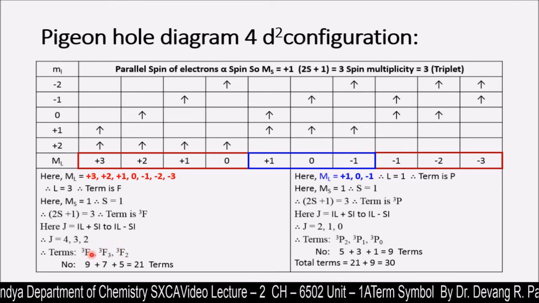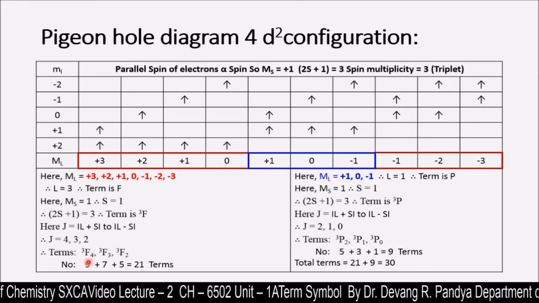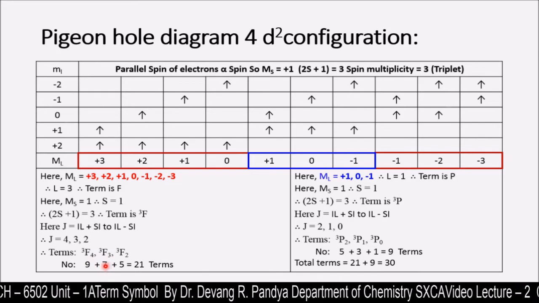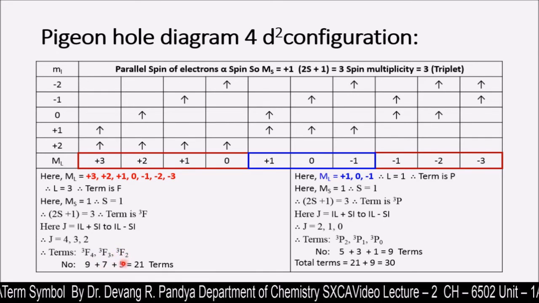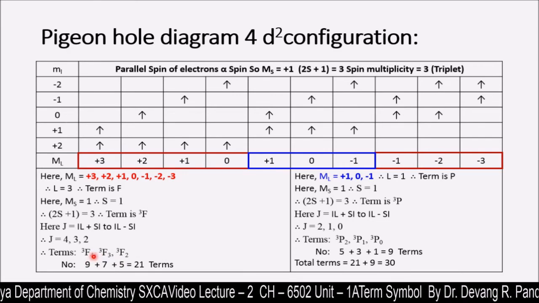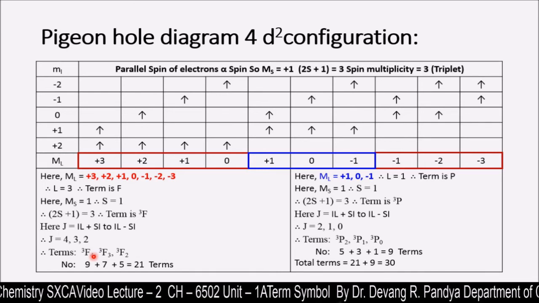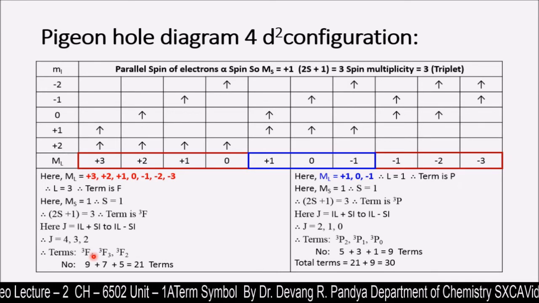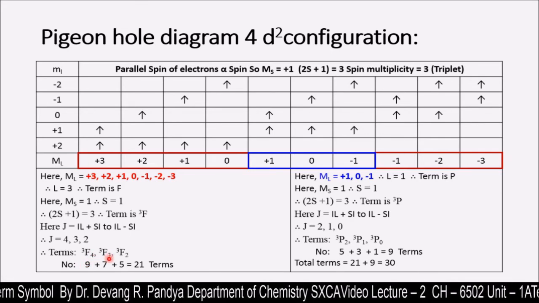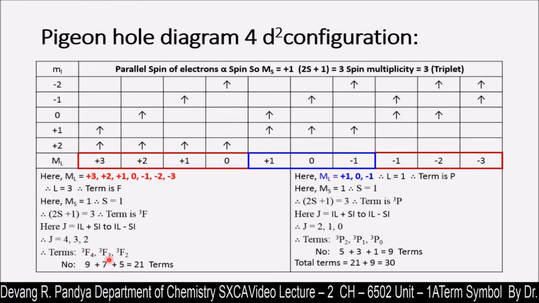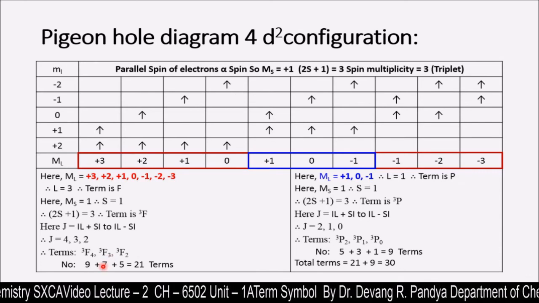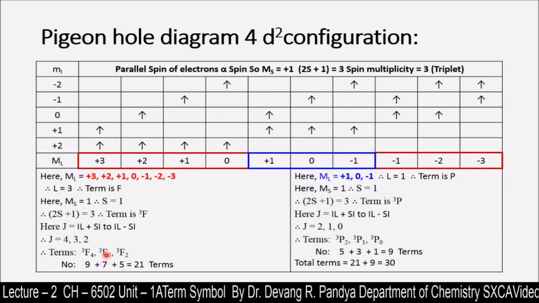For triplet F4 we have 9 arrangements. For triplet F3 we have 7 arrangements, 7 microstates, and for triplet F2 we have 5 arrangements. How is this 9? Plus 4 plus 3 plus 2 plus 1 0 minus 1 minus 2 minus 3 minus 4. So total 9 microstates are there for this J value. For this J value, plus 3 plus 2 plus 1 0 minus 1 minus 2 minus 3, that means 7 microstates have this term symbol.